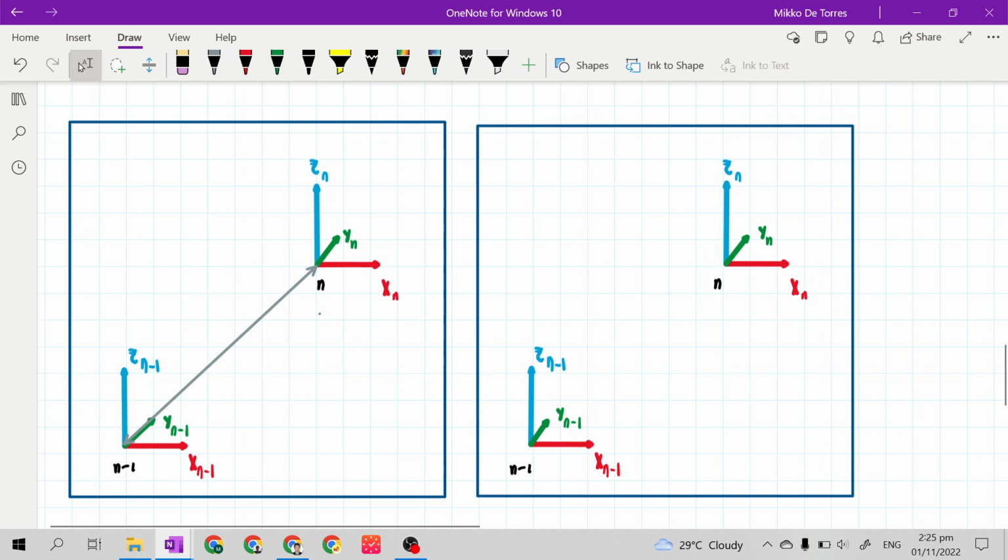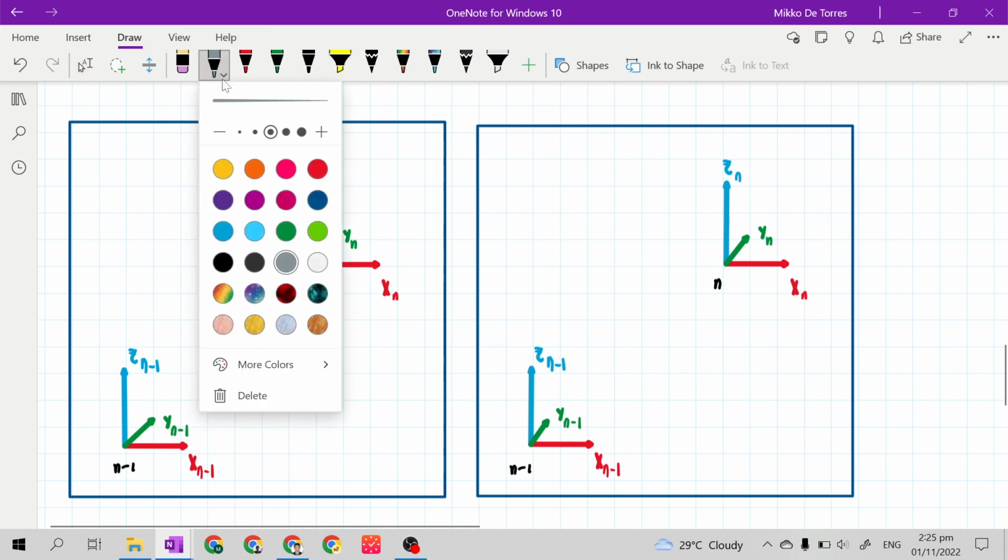So this is wrong. This is not the distance. So the distance along z sub n minus 1 is also called d.